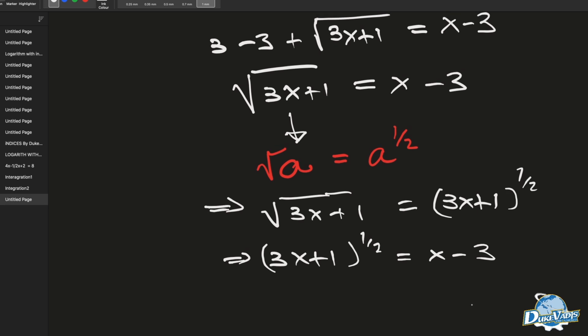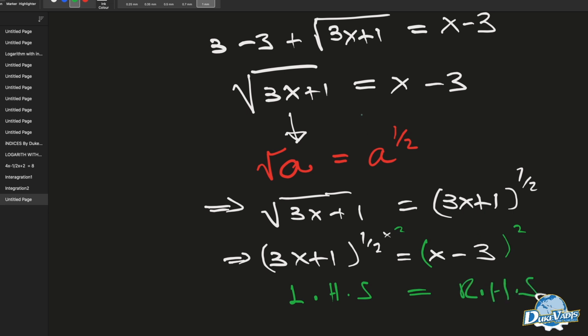Remember once again, to get rid of this half, we have to multiply here by 2, and here by 2. We multiply the left-hand side by 2 and also the right one by 2, because what we do to the LHS, we do the same to the right-hand side.